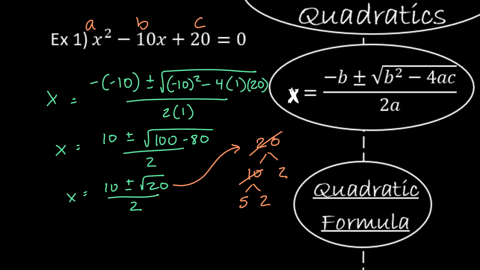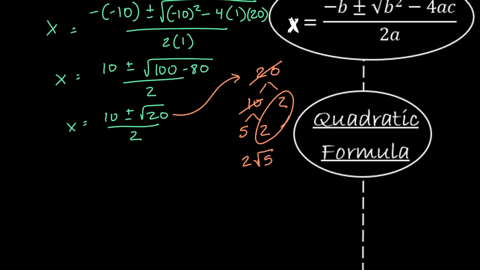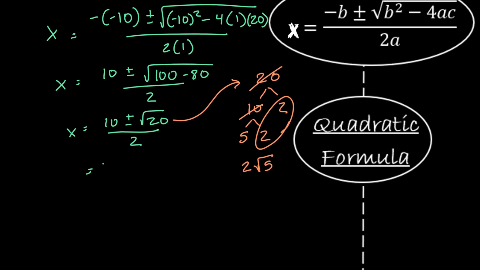Do I have pairs? I have a pair of 2s. So what goes on the outside? 2 goes on the outside, and the leftover 5 goes on the inside. Good. So this is actually 10 plus or minus 2 square root 5 all over 2.